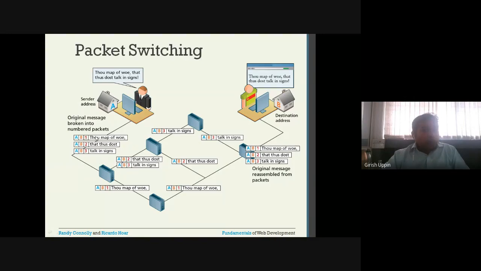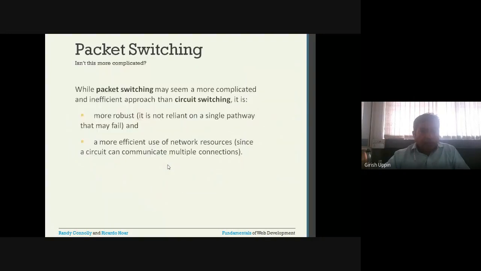These packets will be routed along different paths. If multiple communications need to happen, the same network can be used, and routers will route them to the respective receivers. It is more robust, as it is not reliant on a single pathway that may fail, and it makes more efficient use of network resources. Because we can make multiple communications using the same bandwidth, the efficiency of such networks is very high.